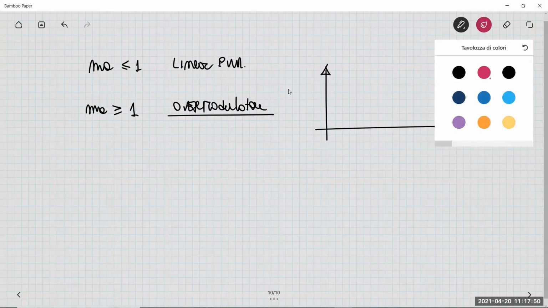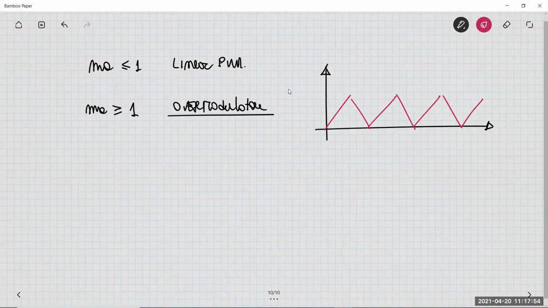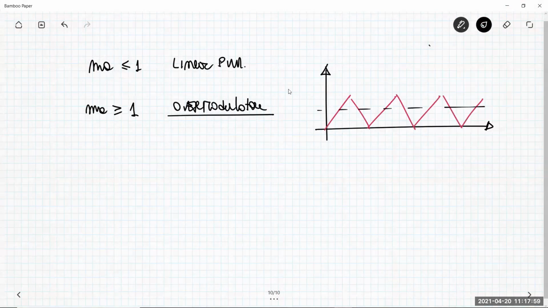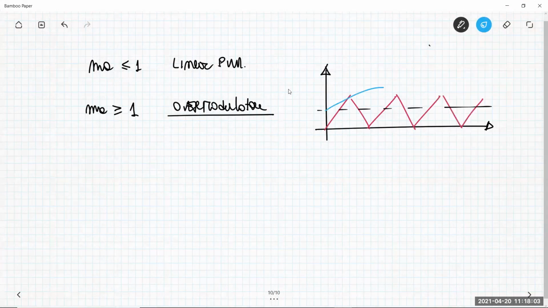Okay, in that situation, if you have again our modulating process graphically represented, then you can have something like this. You have the sine wave, the modulating signal, that has a behavior like this one.